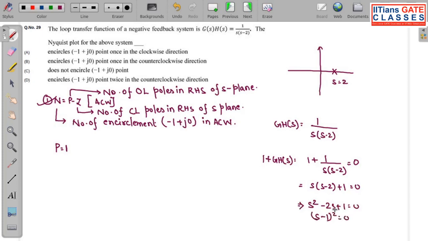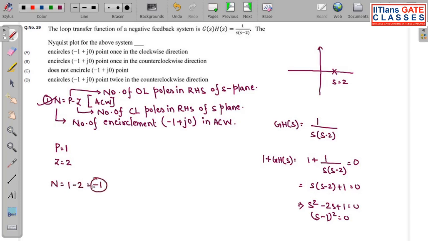So we have repeated poles at S equal to 1. So what do we have? We have repeated poles at S equal to 1 for the closed loop system. So what am I going to write? Z equal to 2. Now if I put this in the above formula, P minus Z, so 1 minus 2, which is equal to minus 1.